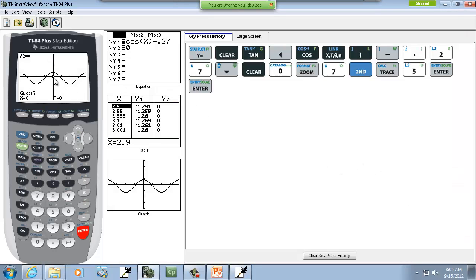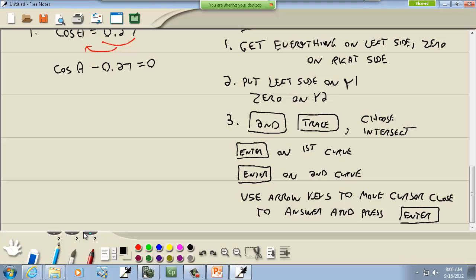So over here, our cursor's right here at the origin. I'm going to press my right arrow key, moving it over closer to the answer I'm trying to find. Now remember, the answer is where it crosses the x-axis. So that's close enough. It doesn't have to be right on top of it, just close to it. And then you press enter. It comes up and gives us the first answer. I can't hardly see that, but two decimal places, I think. 1.29, is that 297? So it'll be 1.3.